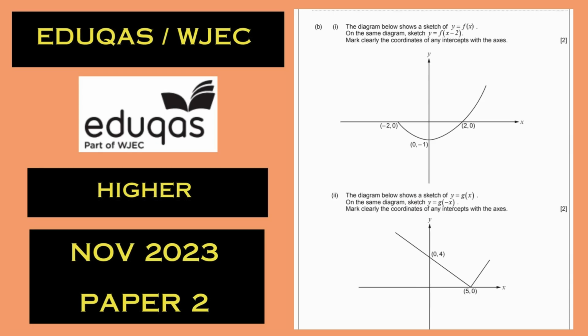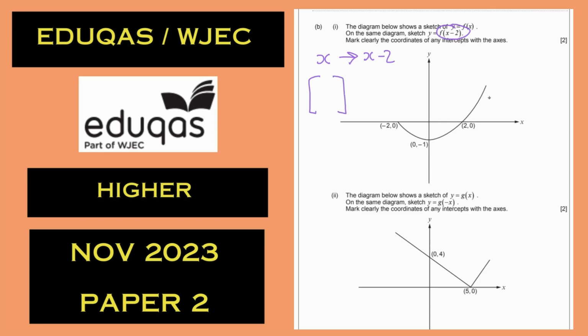Now we try and draw diagrams live. Hope you're ready for this. What's happened on the equation? An x has been replaced with x minus 2. If you don't know your transformations, this is a translation.